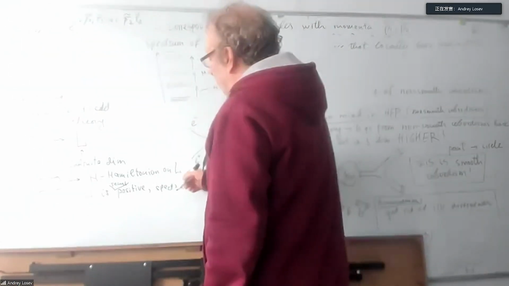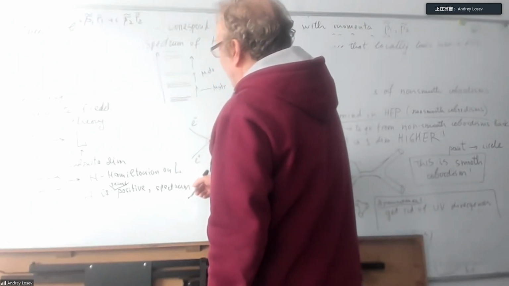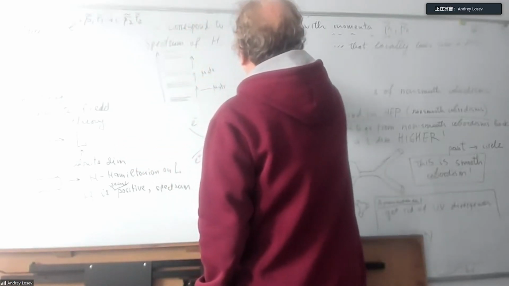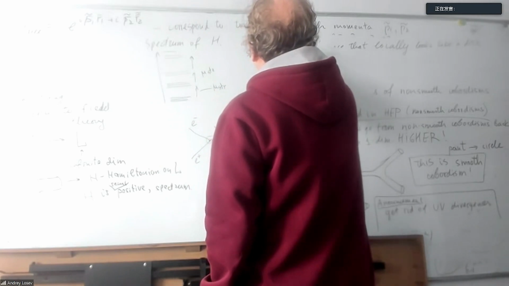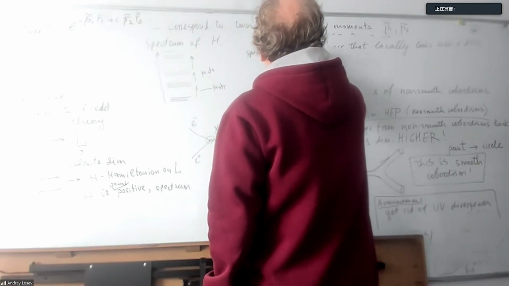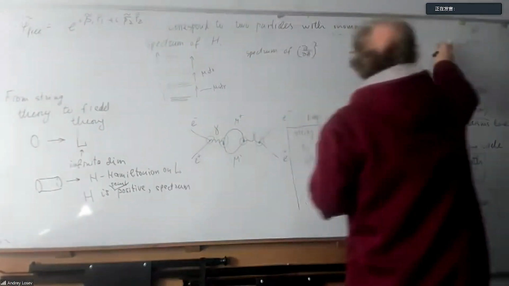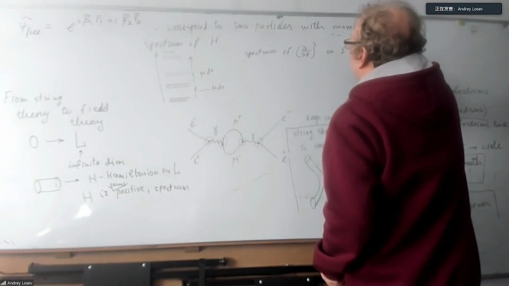Okay, so we will discuss it later. Yes. Okay. So the Hamiltonian here would be the spectrum of the Laplacian, d over d sigma squared, on S1.